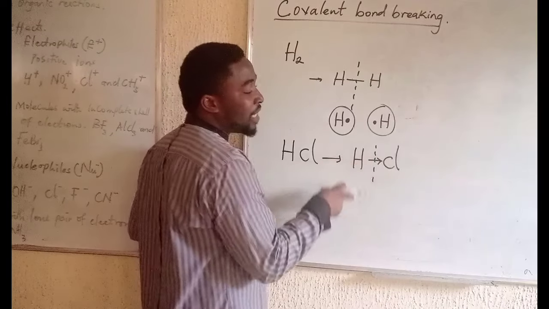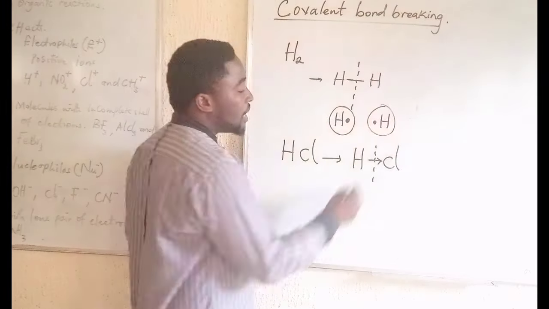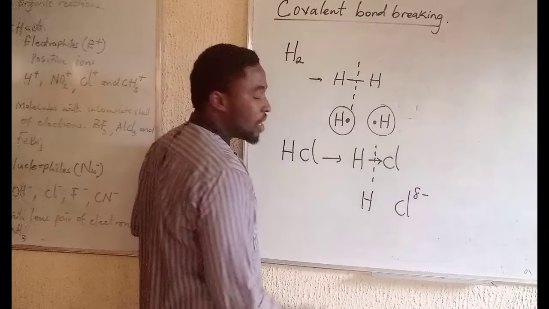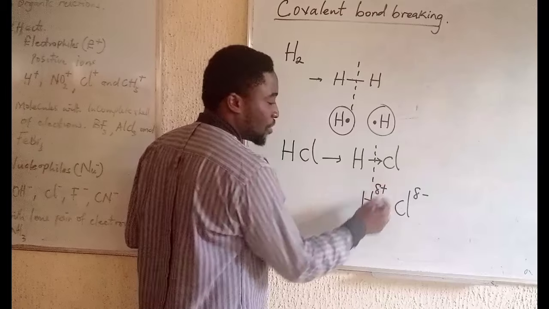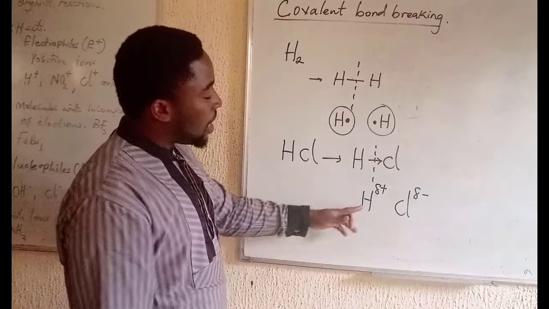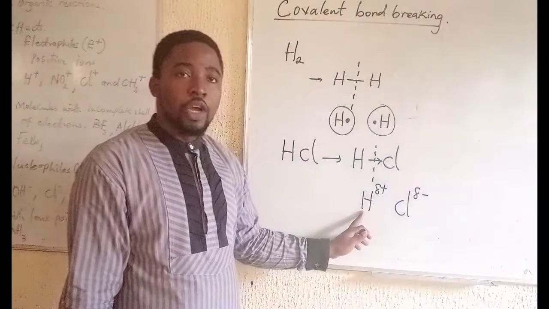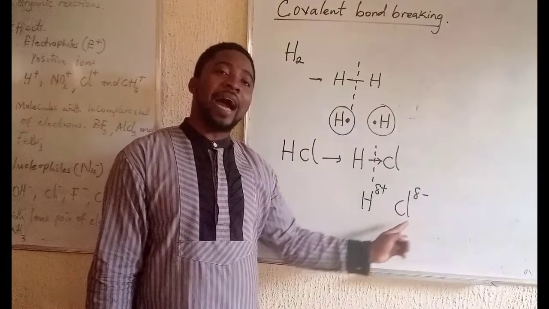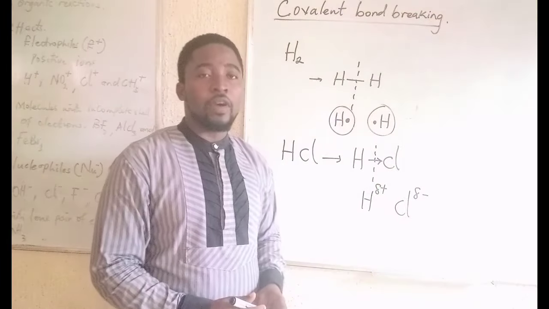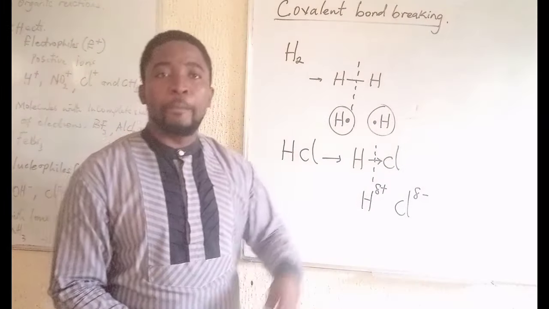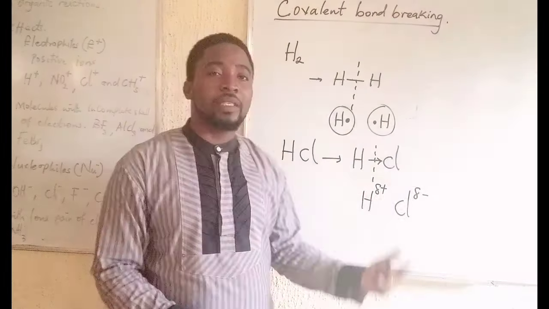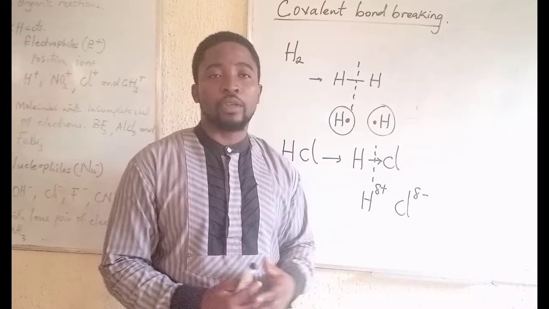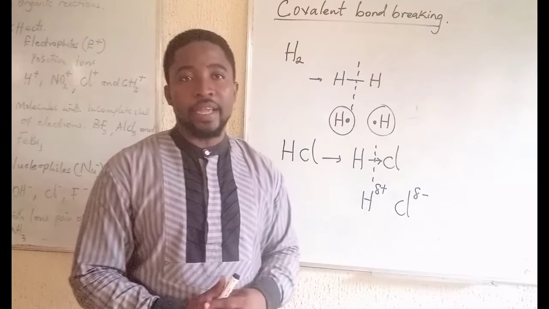It pulls the bonded electrons closer to itself, thereby making chlorine acquire a partial negative charge, while the hydrogen, being deficient in electrons, will acquire a partial positive charge. So you can see that the heterolytic bond breaking process results in the formation of ions, not free radicals. Electrophiles and nucleophiles are products of heterolytic bond breaking, while free radicals are products of homolytic bond breaking.